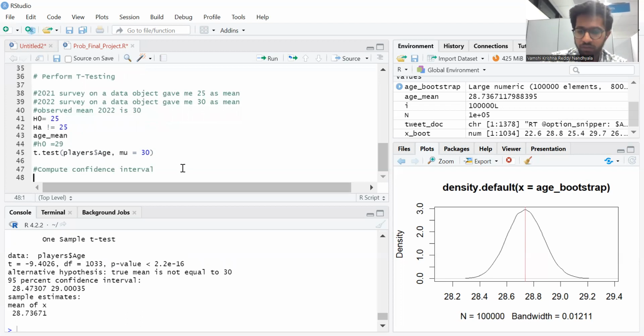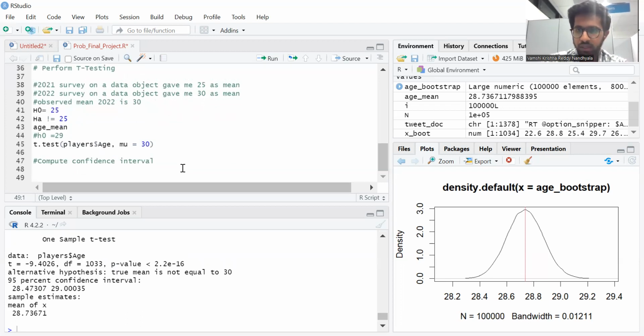Before computing this confidence interval, we need to know the dimensions of the data. So I will calculate the dimensions using nrows, just the total number of records I want to fetch.